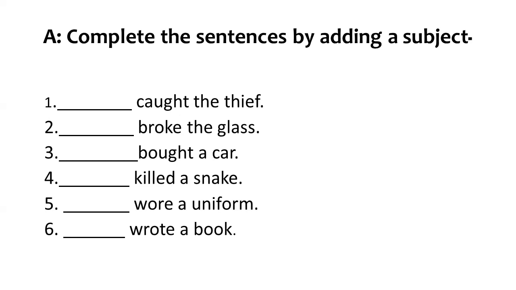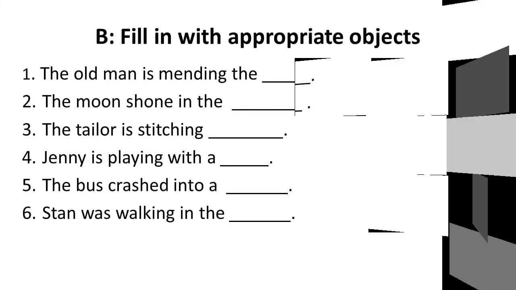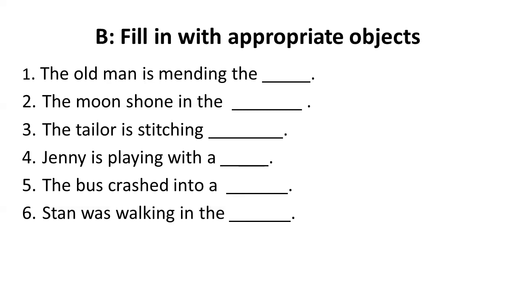Come to exercise B. Exercise B asks you to fill the blanks with appropriate objects. You are going to ask who is the receiver of the action. The old man is mending what? What is the old man mending? The answer must be a thing.